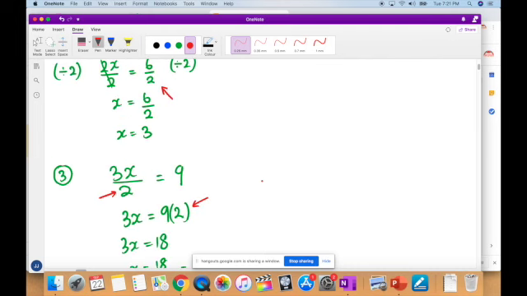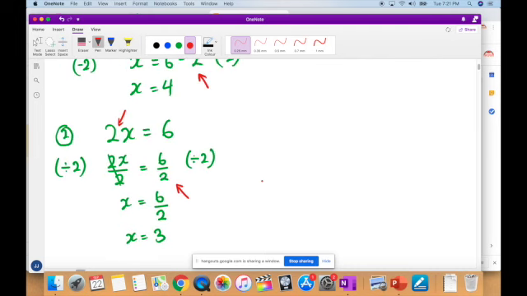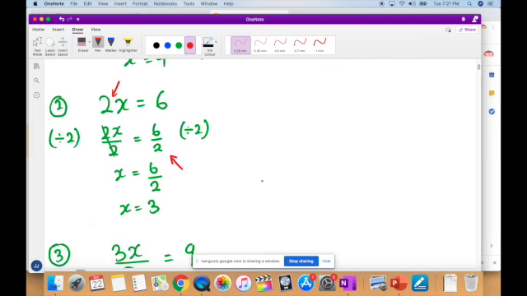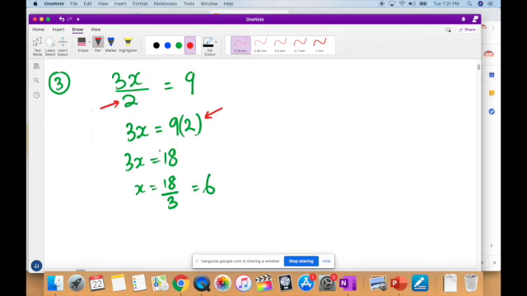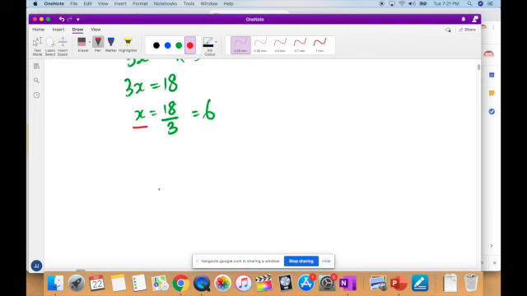So you could see here that the process of transposing involves moving things across the equal sign so that I will end up with x alone as the subject of the formula.